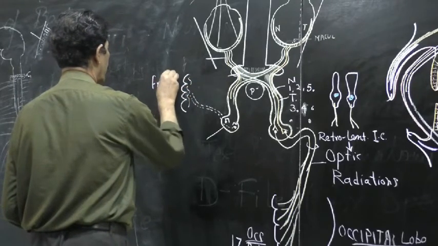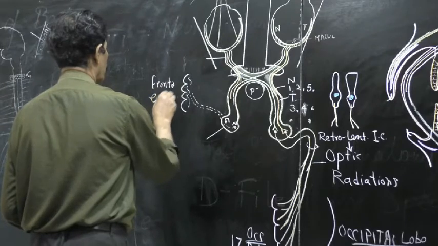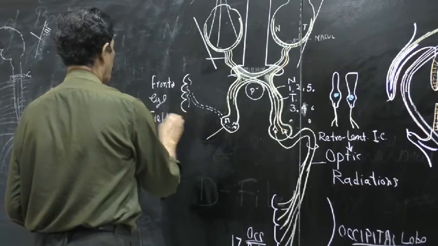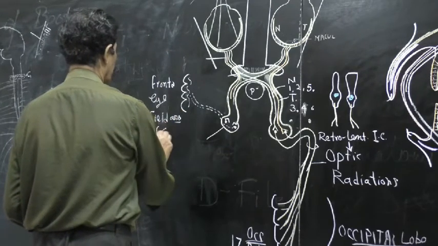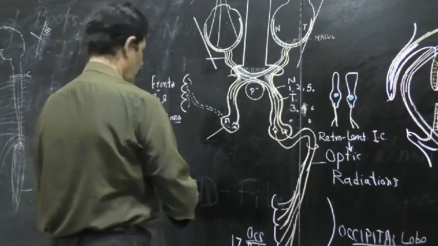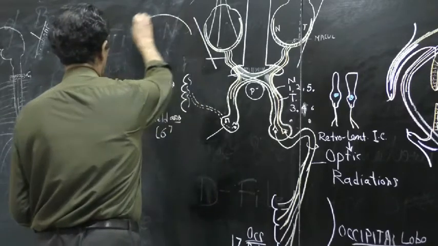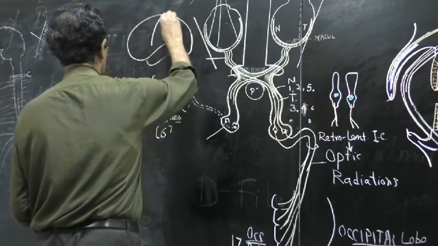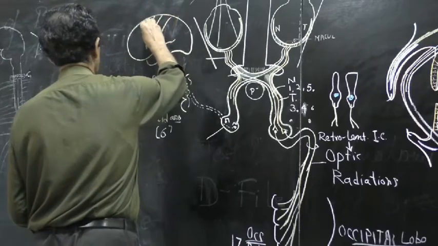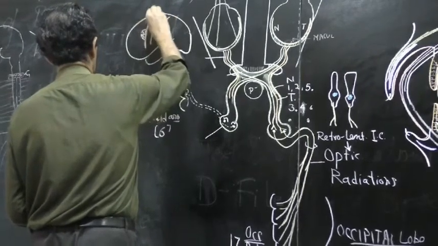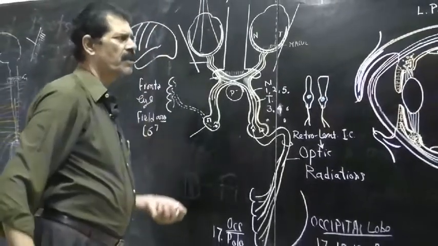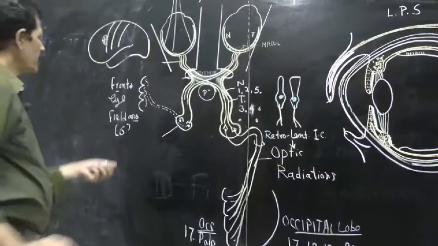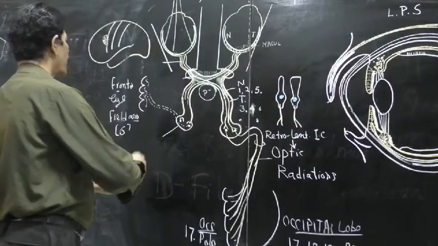Frontal eye field area, Brodmann's number 6. So as we know, the frontal eye field area, we have done in the cerebrum. It lies in the frontal lobe, just in front of the precentral gyrus here. This area is responsible for the conjugate movement of the eyeball. So these fibers also go to the frontal lobe.